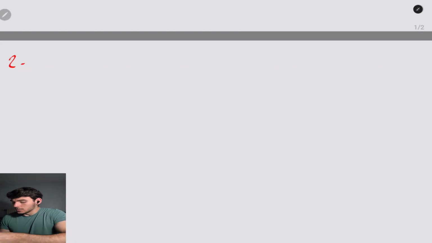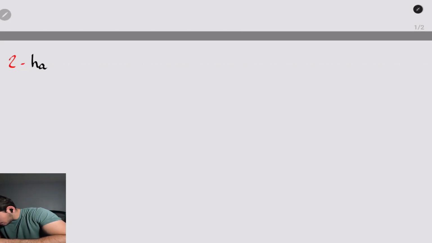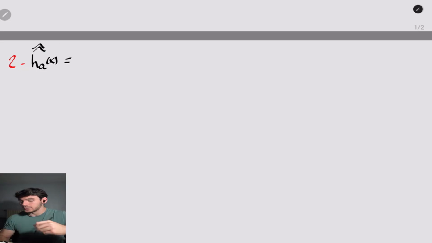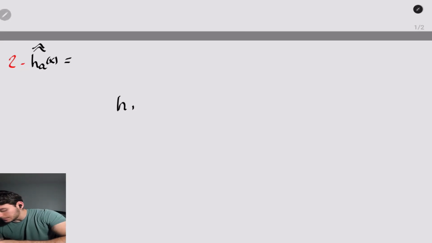Okay, so h_a of x with a double hat means that we are going to use the Fourier transform on the function h_a hat of x. So we are going to transform this function. How do we do that?